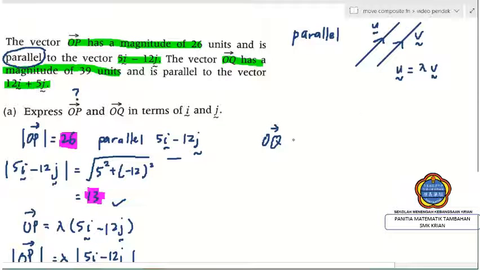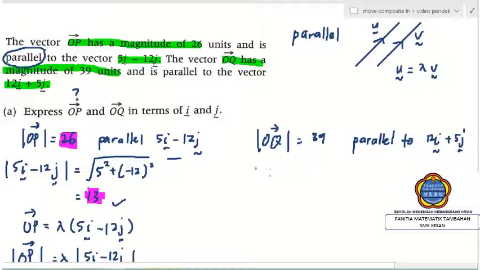Okay, what is vector OQ? The question just gives you the magnitude of OQ is equal to 39 units, and it is parallel to vector 12i plus 5j.